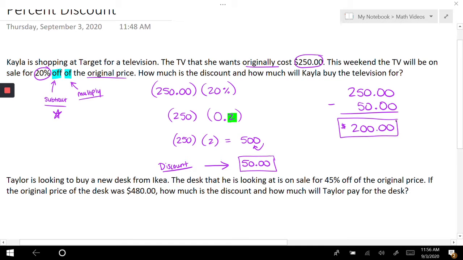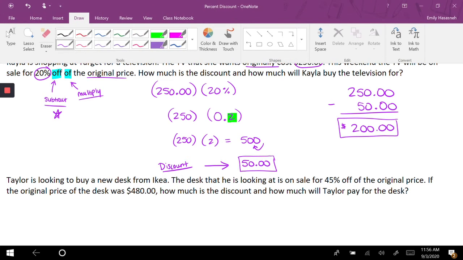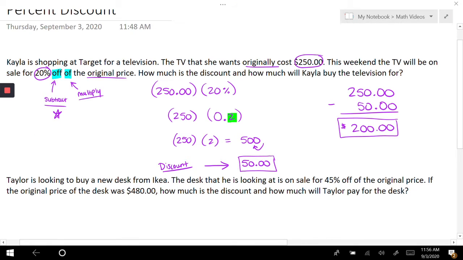Now, another idea, if you're aware of, it's similar to tipping, in that 10% of a number, I'm going to switch colors here for you to see. If I'm talking about $250, 10% of that is going to be me moving the decimal one place to the left, which is 25.